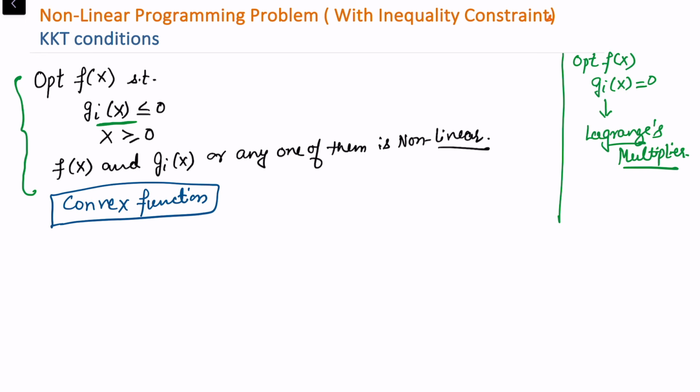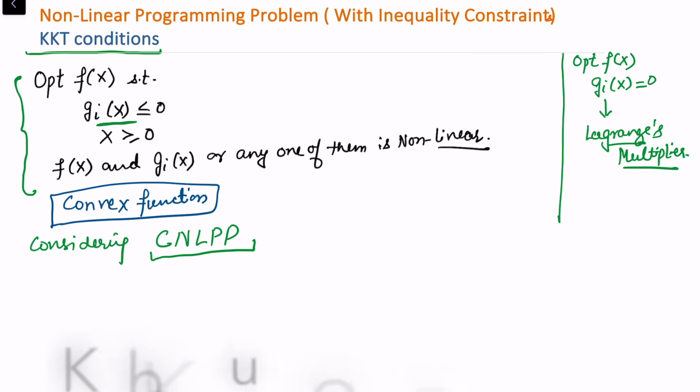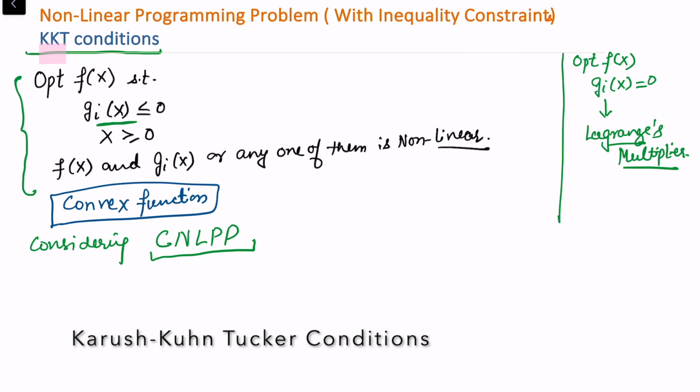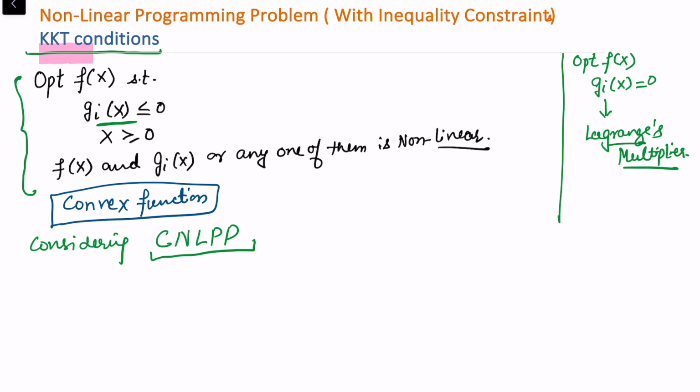So now, considering the convex non-linear programming problem, CNLPP, we apply the KKT conditions, the Karush-Kuhn-Tucker conditions. We will first write the necessary conditions, and given that the objective function and the constraints are convex, the necessary conditions become sufficient conditions.